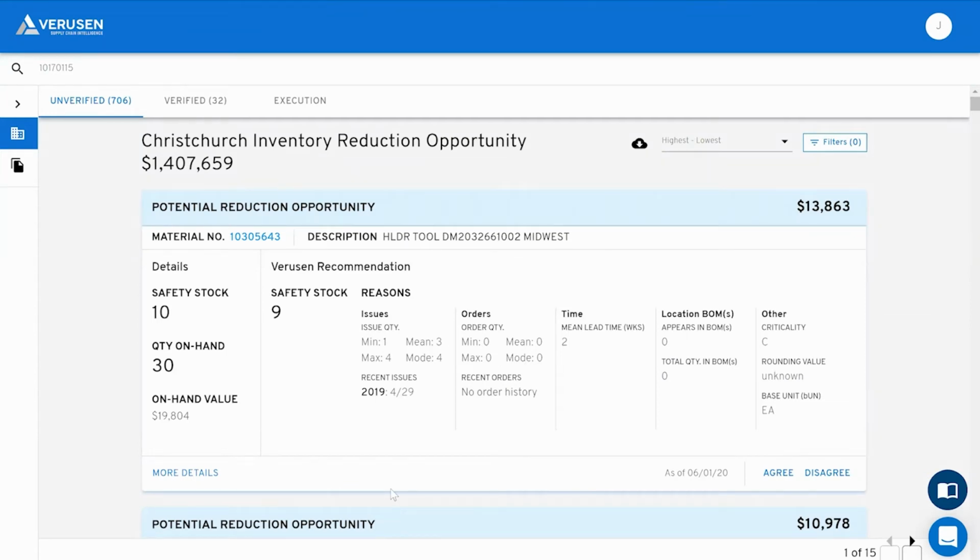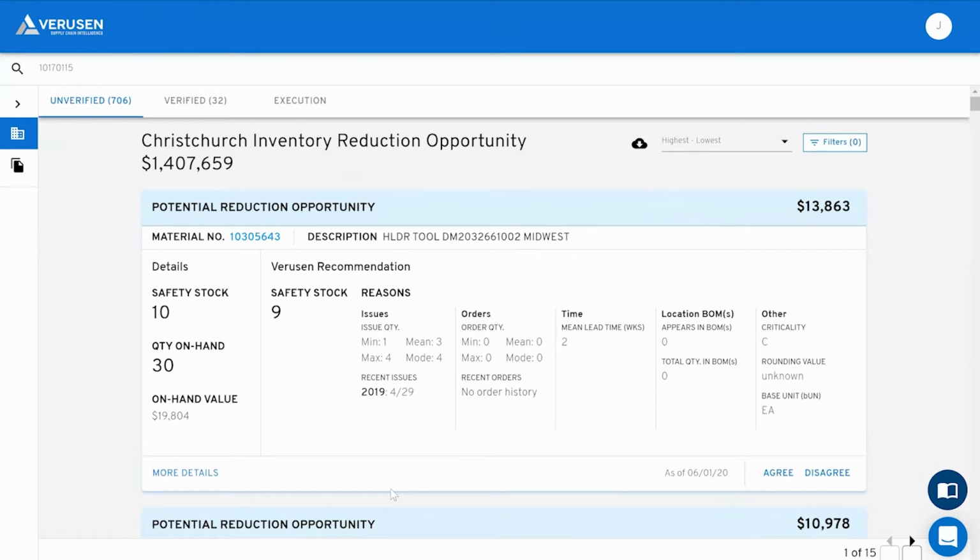So what you're seeing here is the output from what we like to call a byproduct, inventory optimization. Where can we go get all of the low hanging fruit and make some verifications to create a baseline for further recommendations. So an important element here is what we call a recommendation card that takes everything in the system associated with that material.